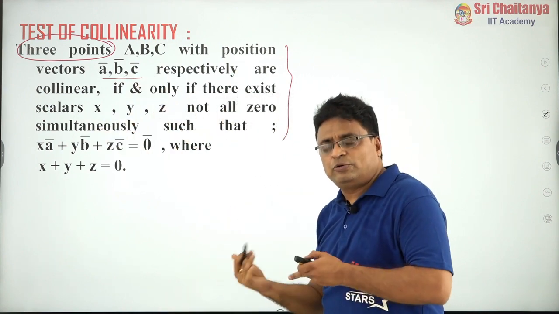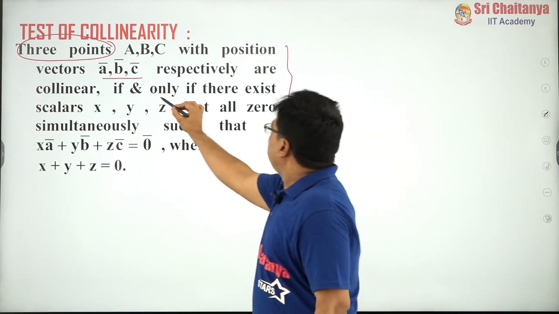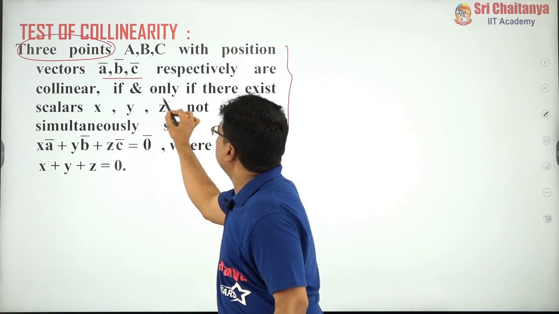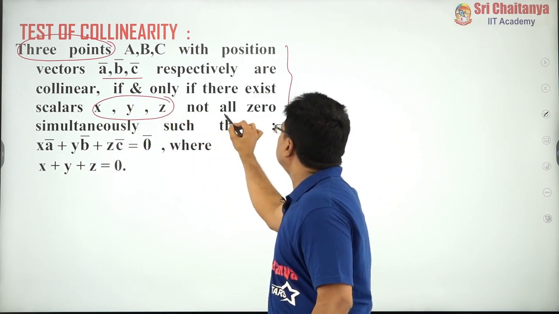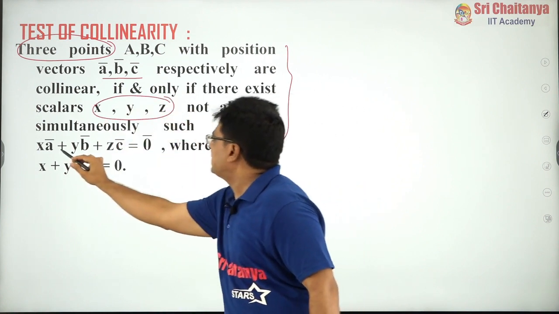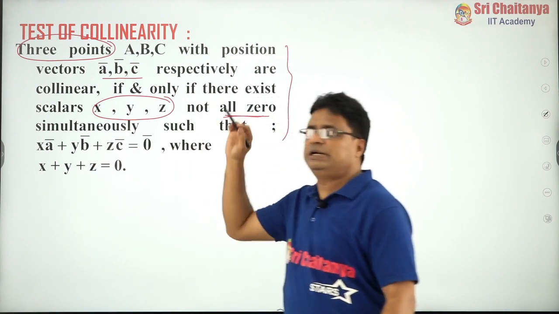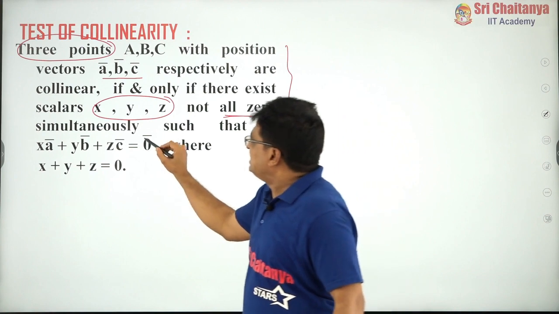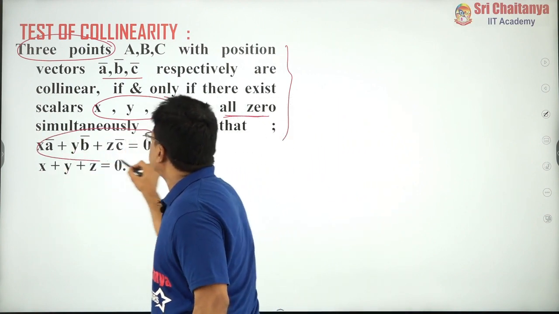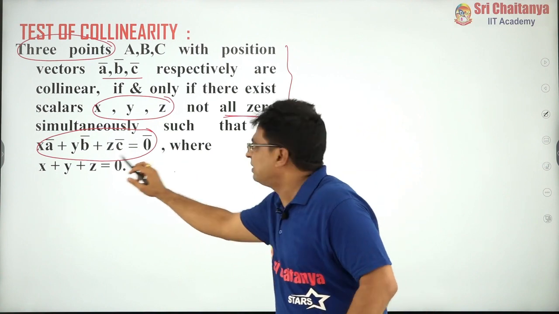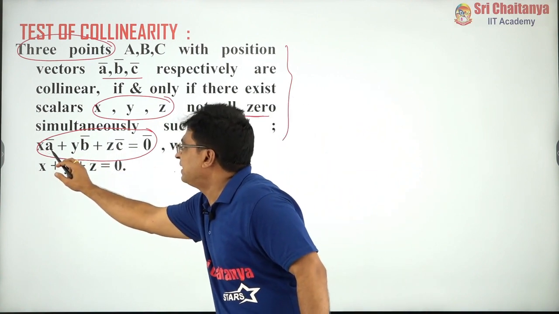When can we say the three points are collinear? If and only if there exist scalars x, y, z, not all 0, such that x a bar plus y b bar plus z c bar equals 0 bar, where x plus y plus z is equal to 0. This is 0 bar, not 0, because this is scalar multiplication of a vector.